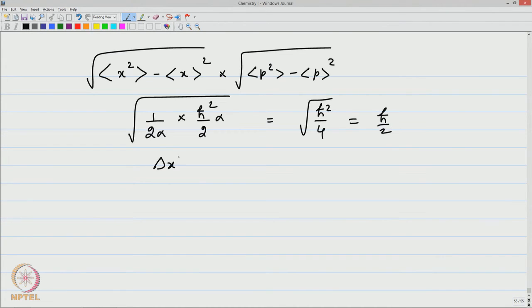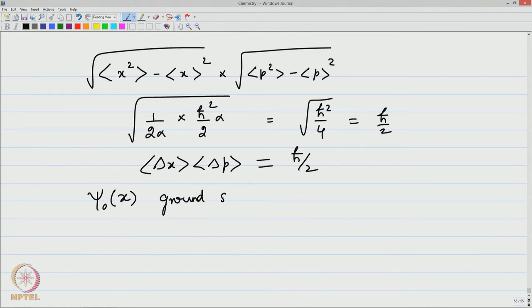Therefore, delta x delta p is equal to h bar by 2, and psi naught of x, the ground state of the harmonic oscillator, is called the minimum uncertainty state. So you have calculated it for psi naught.